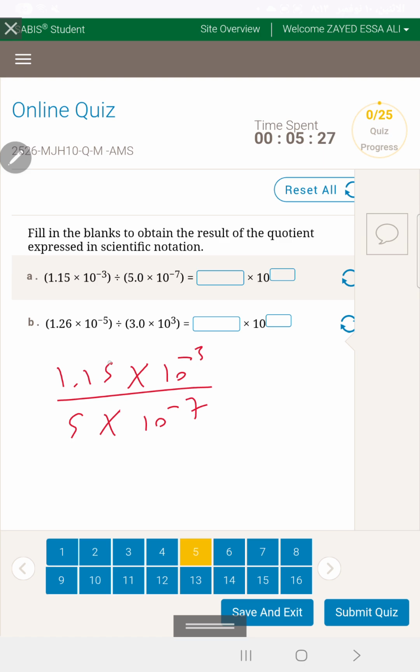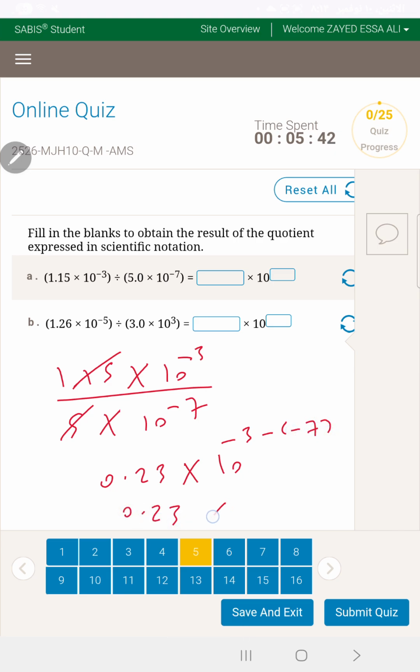If you divide these numbers, you get 0.23, and if you subtract the exponents, negative 3 minus negative 7, you get 0.23 times 10 to the power of 4, because minus negative 7 means positive 7, and negative 3 plus 7 is 4.